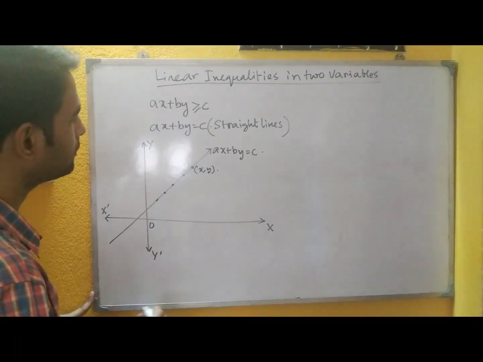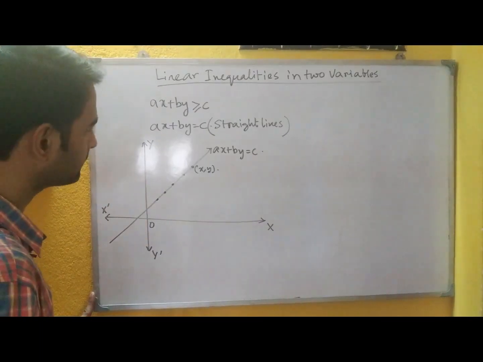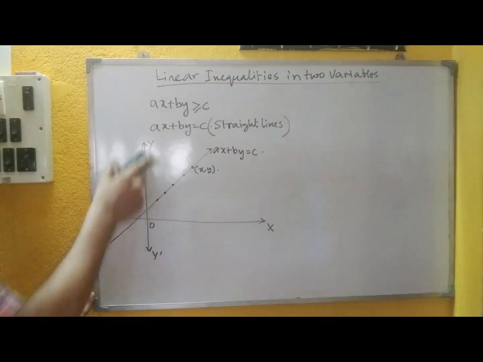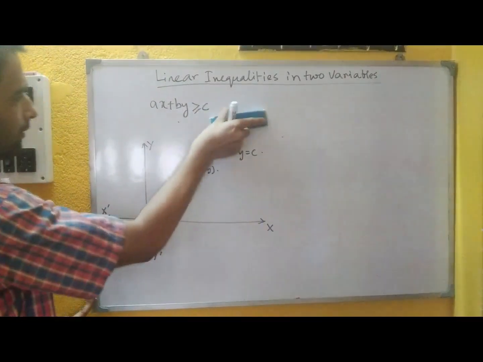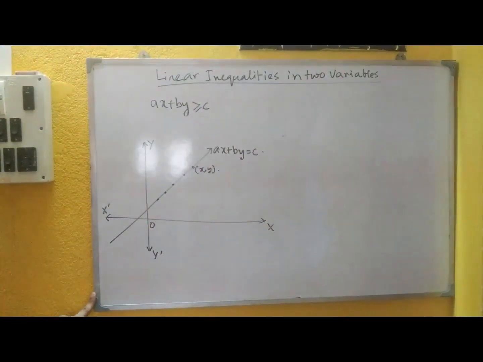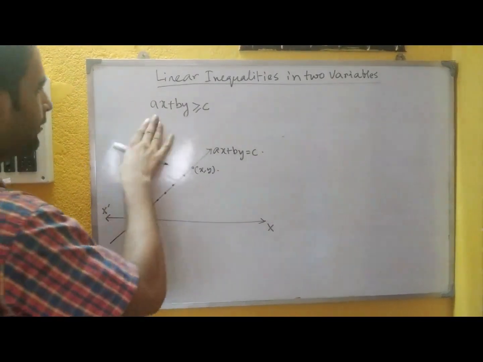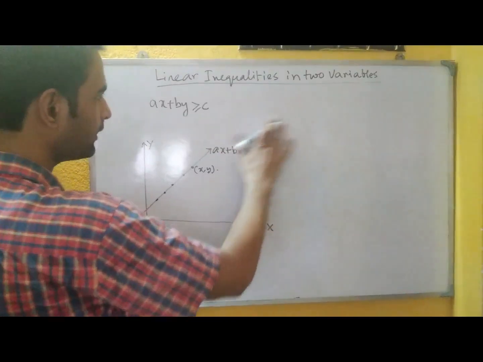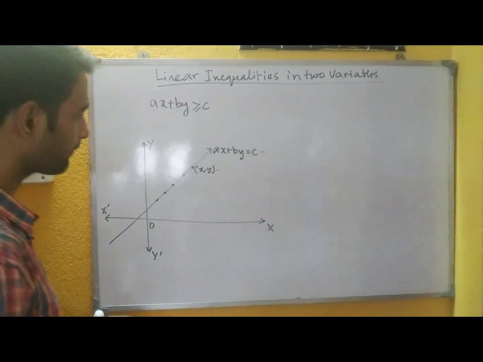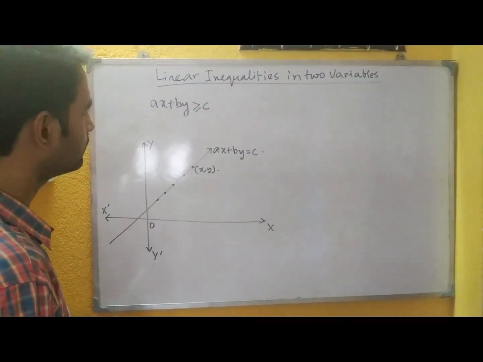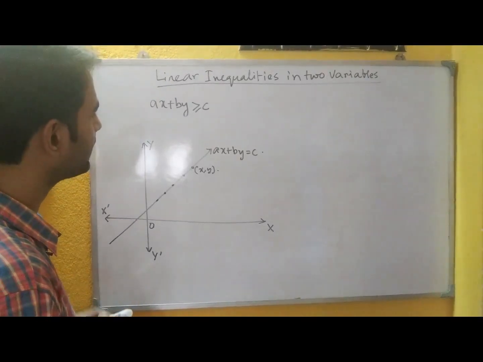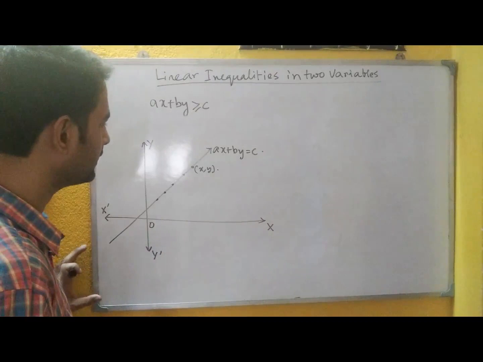What should the solution be in the case of inequalities? If we consider this inequality, it is not only satisfied for equality, it is also satisfied for the greater than sign. So we have to specify which points will satisfy the greater than sign also.